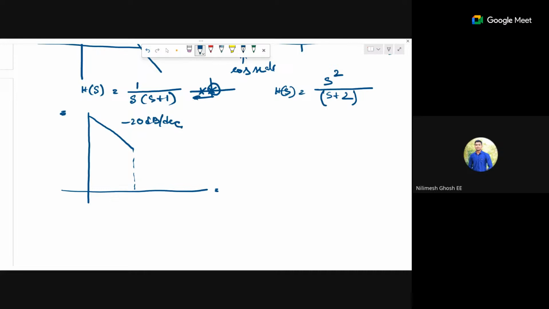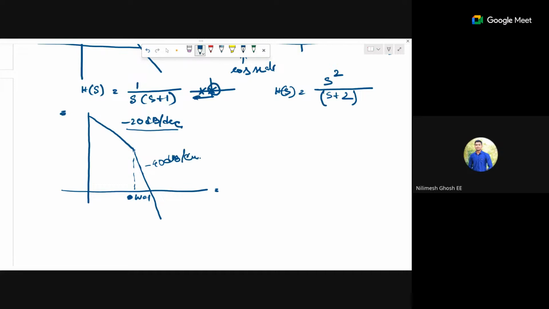Every frequency where the slope changes is called a corner frequency. Here another pole comes, and a pole contributes a minus 20 dB per decade slope. Previously it was minus 20 dB per decade, and again we are adding minus 20, so now the slope will be minus 40 dB per decade.